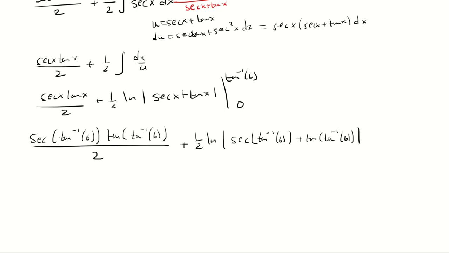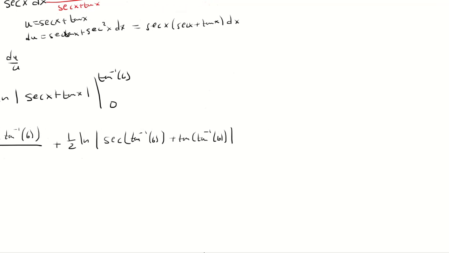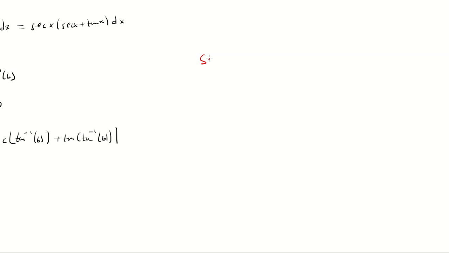So on the side here, let's try to solve for secant of inverse tangent of 6. Now, we're going to call this theta. That's our angle. So we have secant theta, in other words.